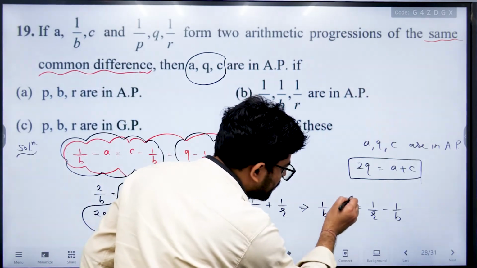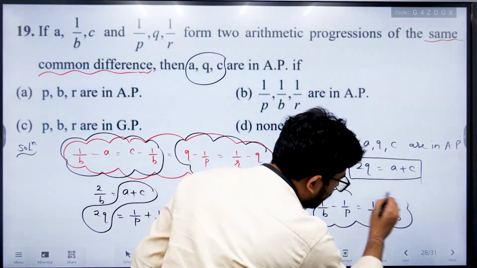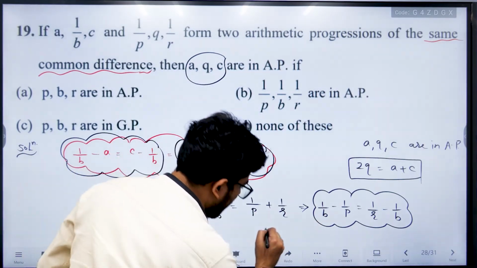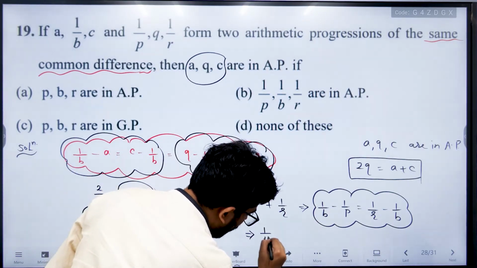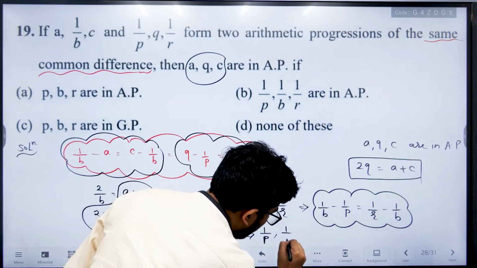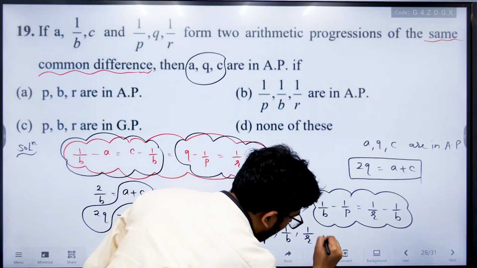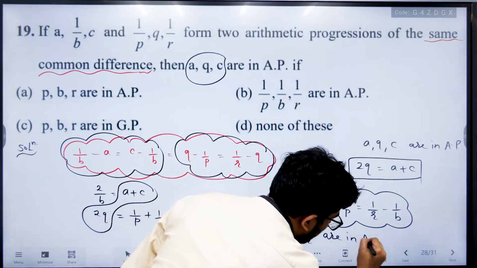So this means 1 by P, 1 by B and 1 by R are in AP.